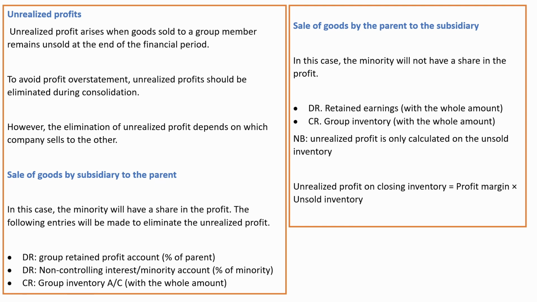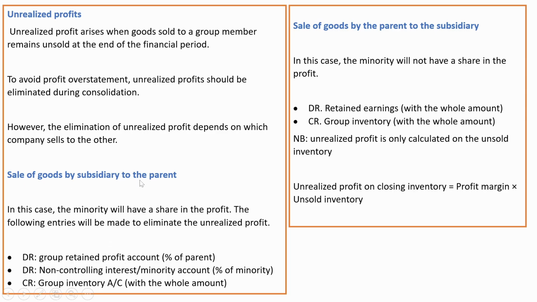Unrealized profit is only calculated on the goods that have not been sold outside the group. If the goods have been sold to customers, it is no longer unrealized profit. So it is only on the intercompany sale of goods where the goods are still within the group of companies.